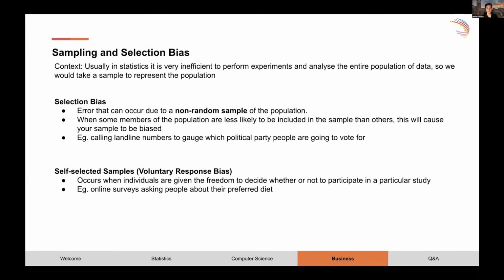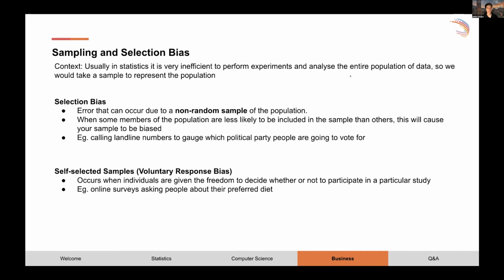There's also a similar type of bias, which is called self-selection bias, the second section here, which occurs if individuals are given the freedom to decide whether or not they want to participate in the study. The example here is that we're going to take an online survey asking people about their preferred diet. The problem is that since it's online, any person can go on there and choose whether they want to take the survey.